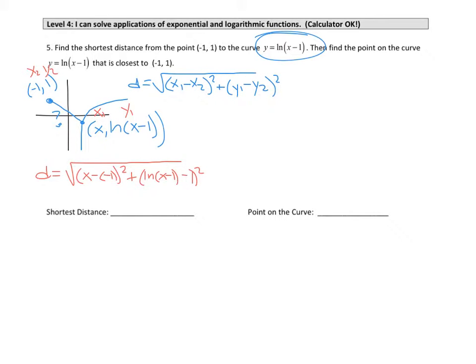Side note, you cannot combine the minus 1 inside the natural log with the minus 1 outside. You can't combine a number inside a log with a number outside. So we just leave that like that, and you plug it in your calculator.